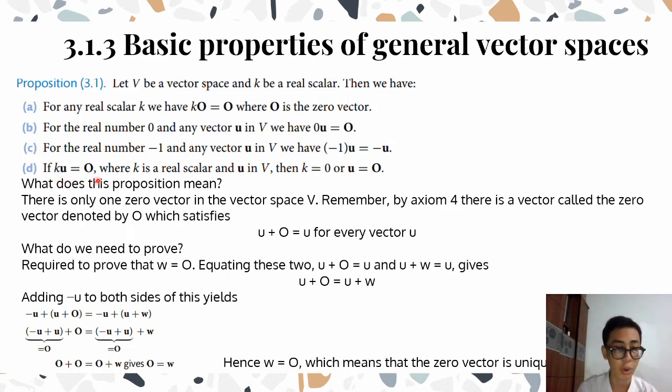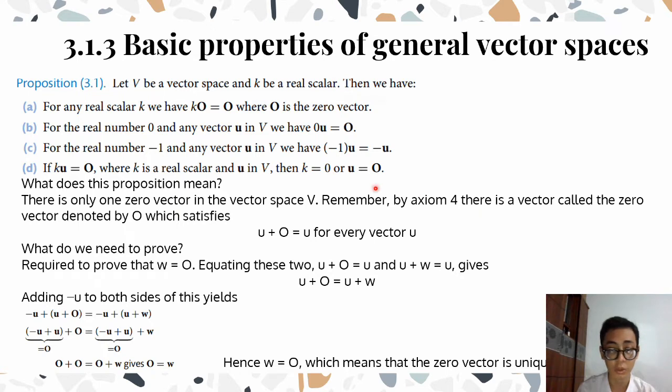If ku equals 0, where k is a real scalar and u in V, then k equals 0 or u equals 0.